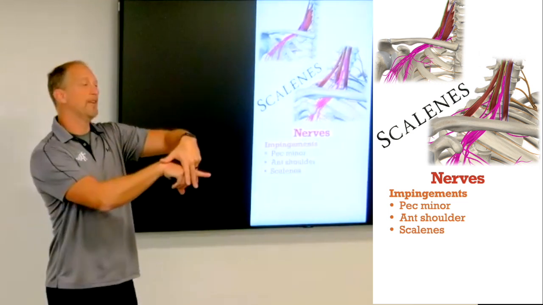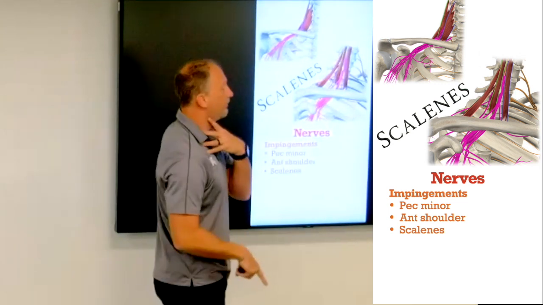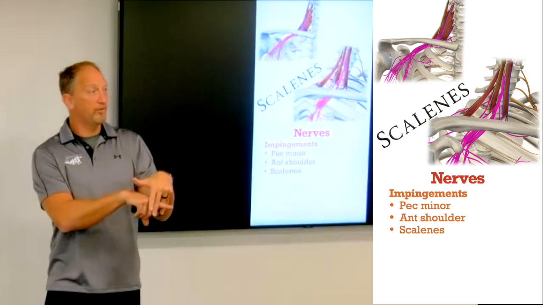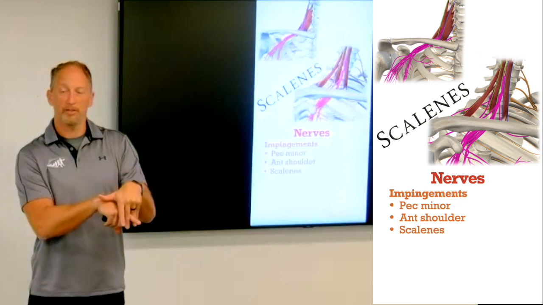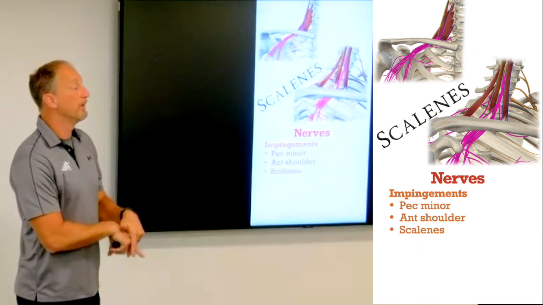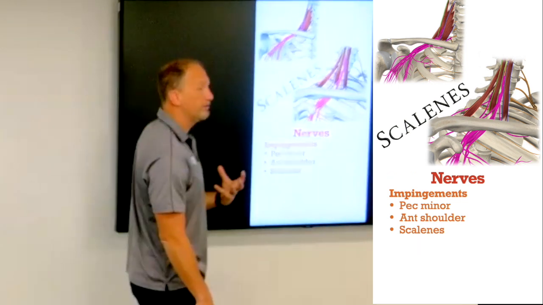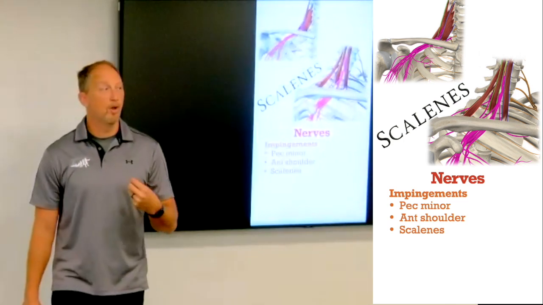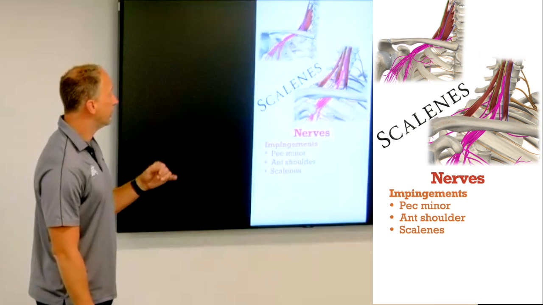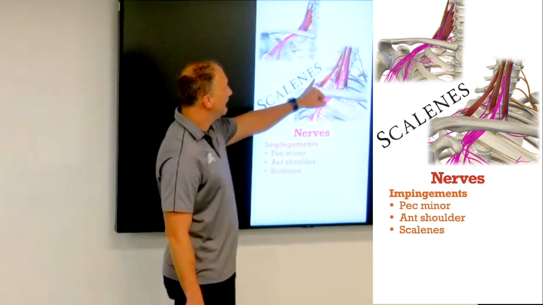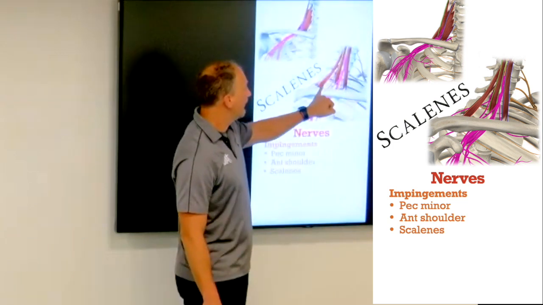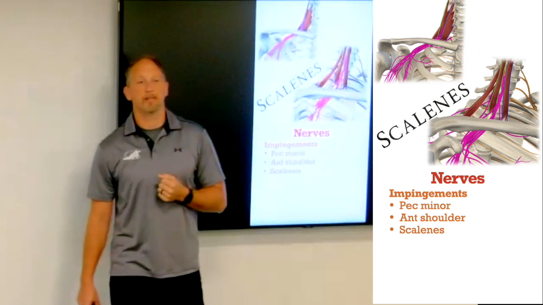So again, if we have any kind of tension in that lateral neck, we can see excess tension in those two areas, which are going to put compression over the brachial plexus. And again, if we consider the neck and the shoulder as one functional unit, if you have a neck issue, you have a shoulder issue, or if you have a shoulder issue, you have a neck issue, we again have to take into consideration whether or not there is going to be any kind of impingement here.